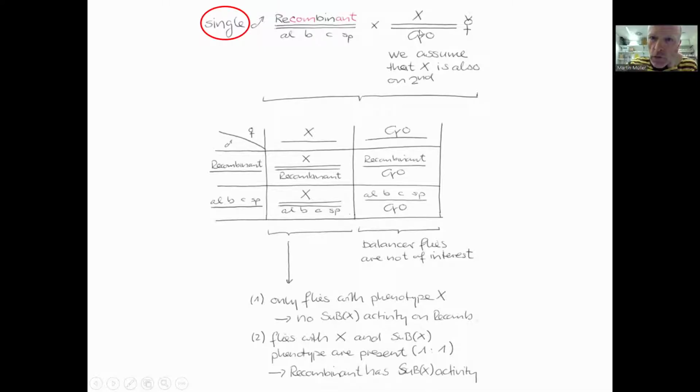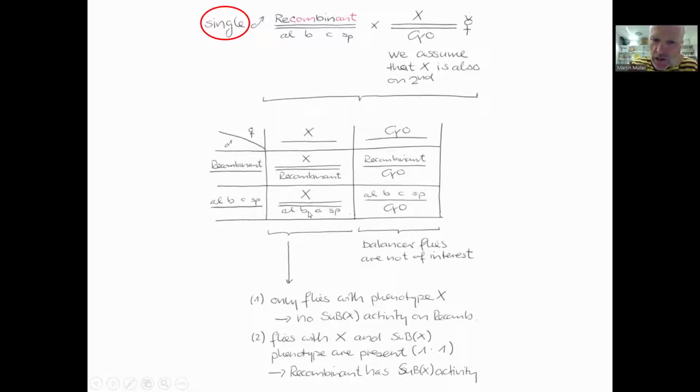So you cross them to these females. Again, the Punnett square is fairly simple. The curly flies are not of interest to us because they don't have X. This chromosome has the X mutation, which gives you the dominant phenotype. And then you get two types of progeny, X over recombinant and X over Aristolase black curved speck.